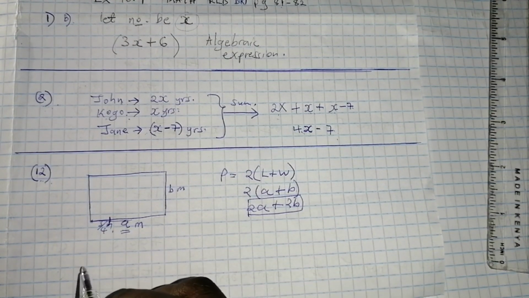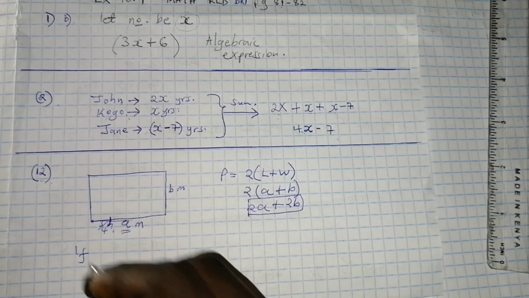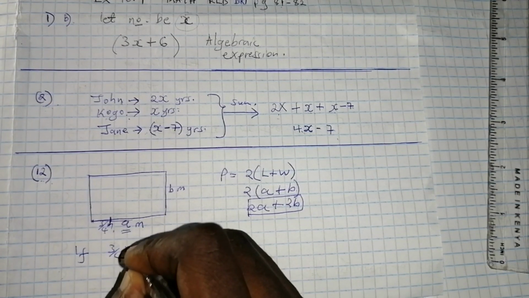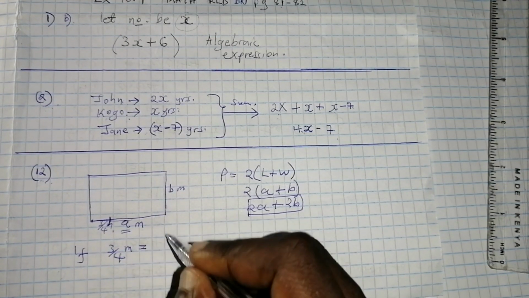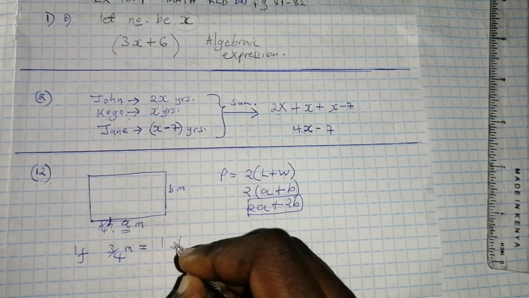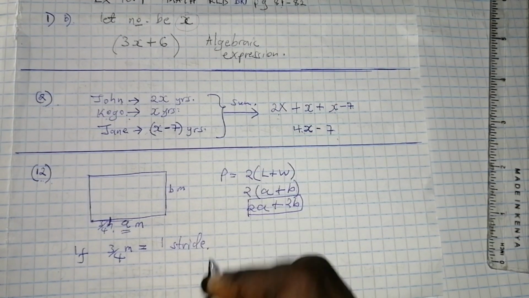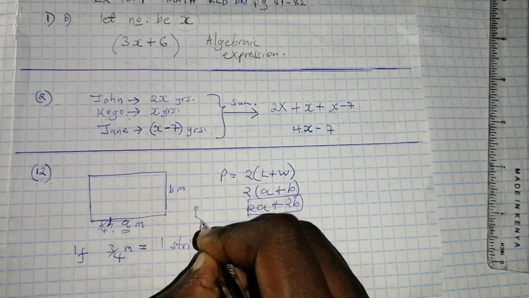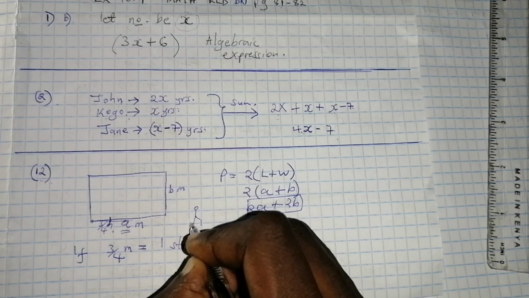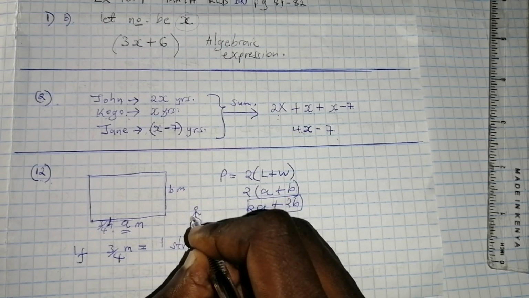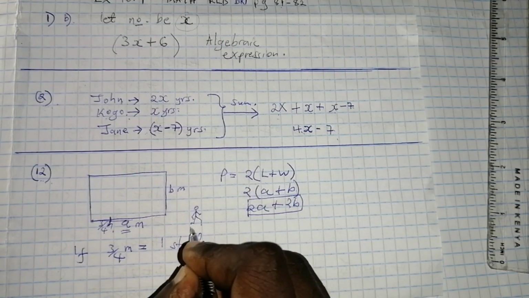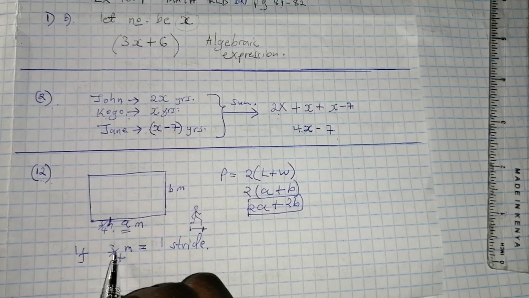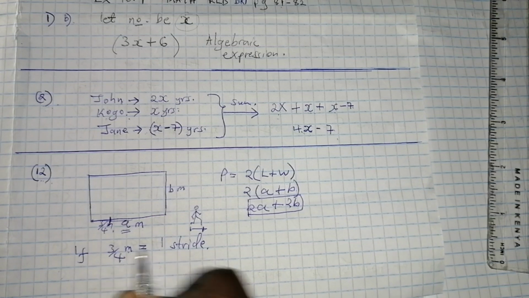We'll write a simple equation: 3 over 4 meters is equal to only one stride. One stride is just like a step. When you picture an individual walking, this is what we call a stride. So one stride is equivalent to 3 over 4 meters.